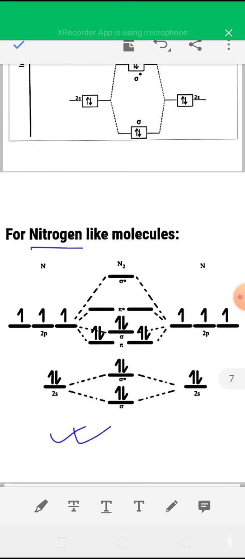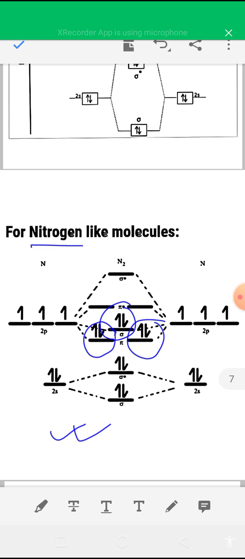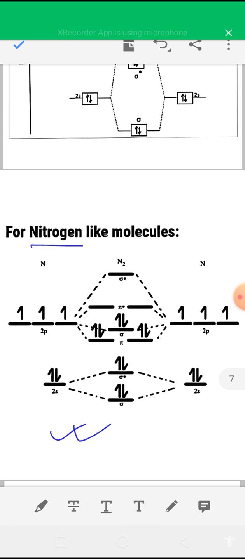But in the case of nitrogen, up to nitrogen, the energy of the pi 2px and pi 2py molecular orbitals is lower than the energy of the sigma 2pz molecular orbital. This is the difference between the molecular orbital electronic configuration of oxygen and nitrogen.